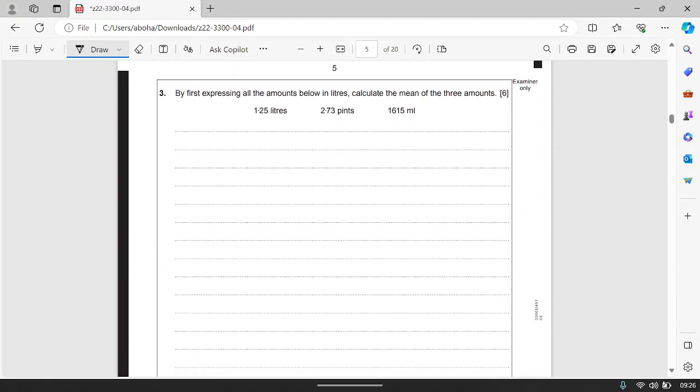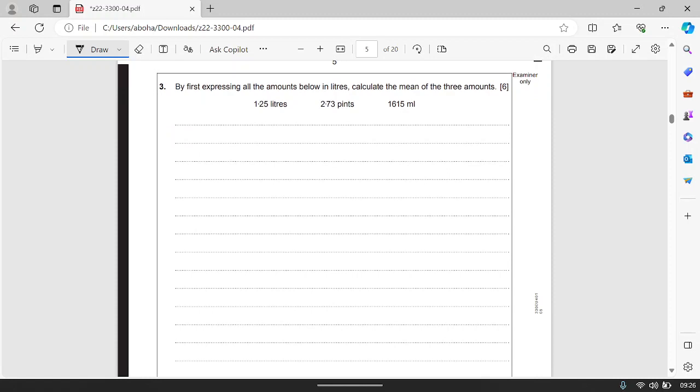So question 3, by expressing all the amounts in litres, calculate the mean value of these three amounts. Okay, so this one here is obviously 1.25 because it's in litres already. This one here is going to be 1.615.